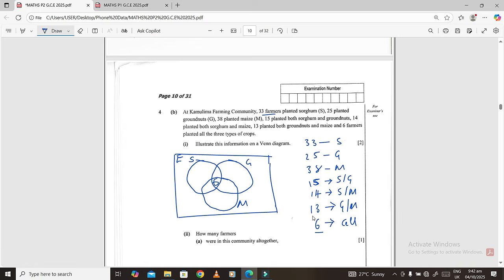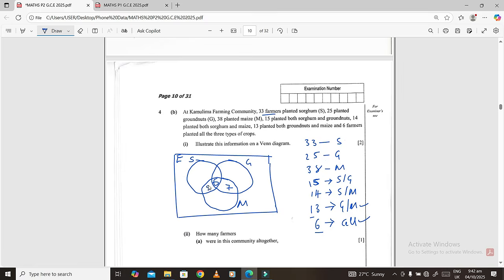After writing 6, you come to groundnuts and maize. So groundnuts and maize, that is 13. So you're going to say 13 minus 6. This 13 minus 6 will give us 7. So we're done with this one. We now go to sorghum and maize. Sorghum and maize, it's 14.